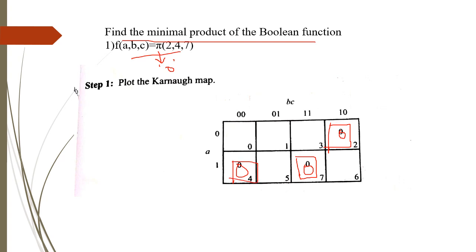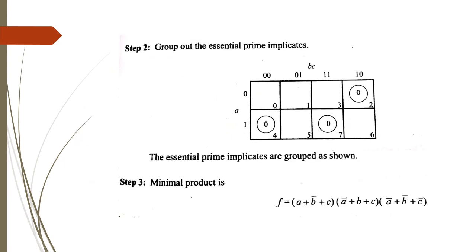If you write the expression for this, I'll take this as the first one, this as the second, and this as the third. The expression is already given here. If I consider the first one, it corresponds to a equal to 1, so I write a bar plus b plus c, because b and c are 0, so I write them directly.